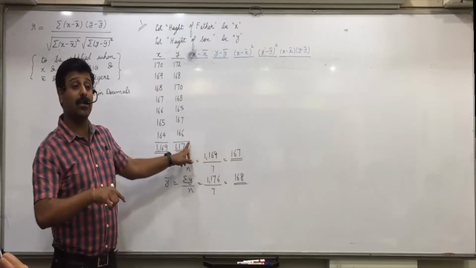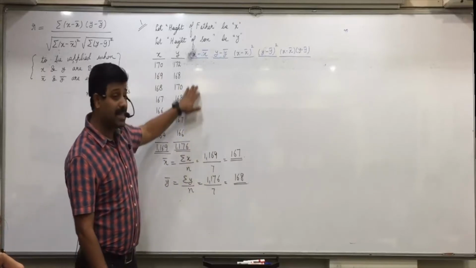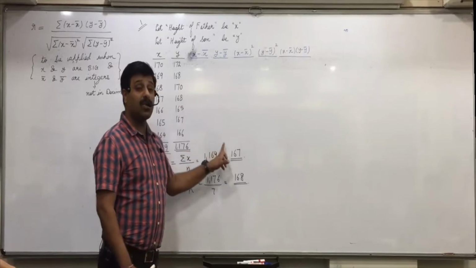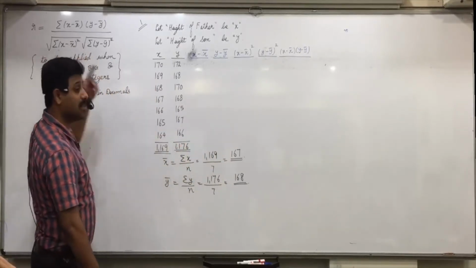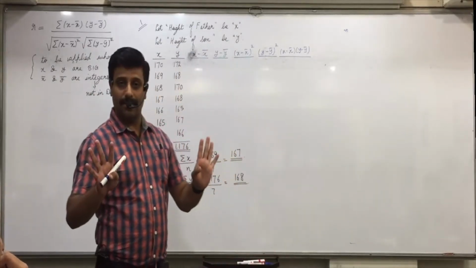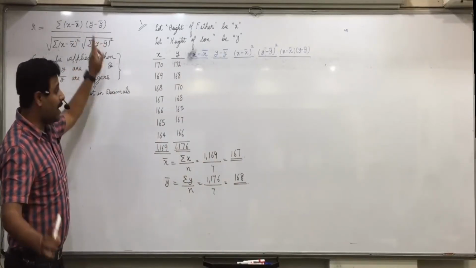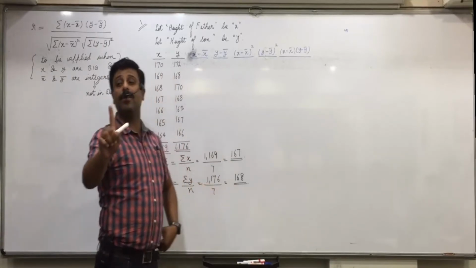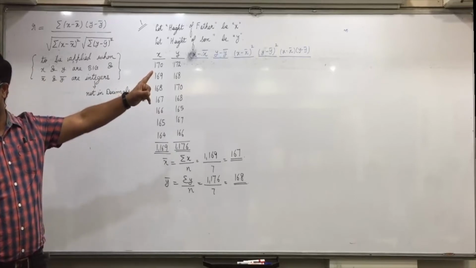If it comes 0, your calculations are correct, proceed further. If it does not come 0, you made some mistake here. First find that mistake. The total of y minus y bar will also come 0. If you use that, 0 into 0, the final answer is 0. You cannot use that. Sigma of x minus x bar into y minus y bar is different, and sigma x minus x bar into sigma y minus y bar is different. So we have to make those workings. Any confusion in this?